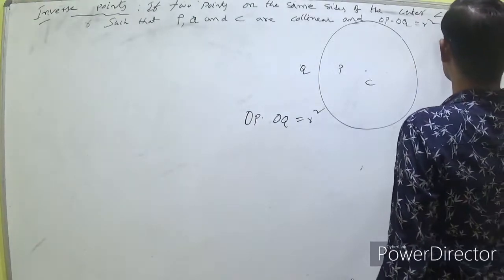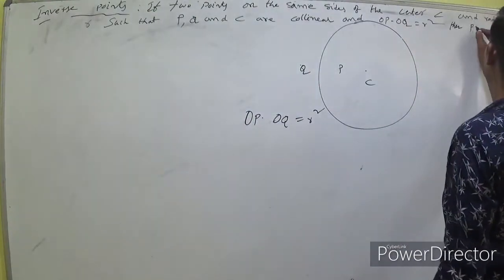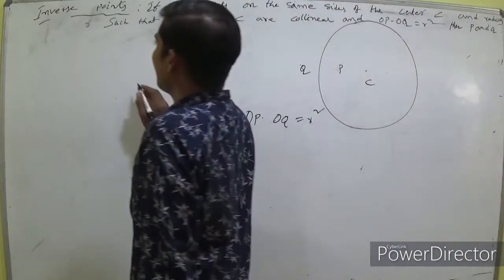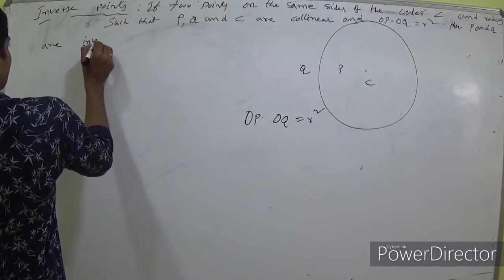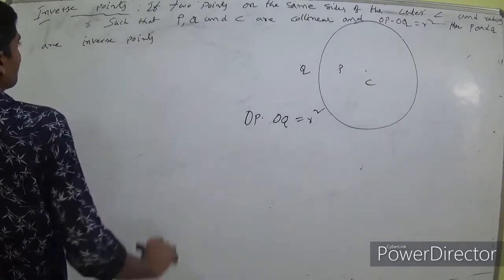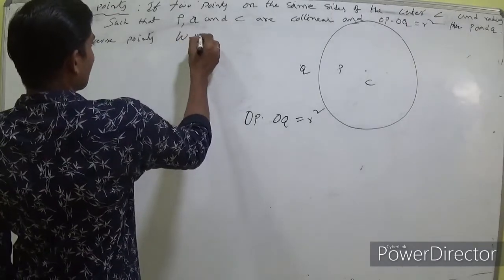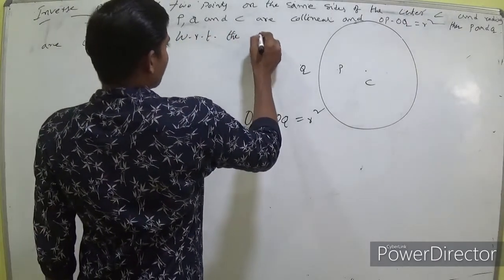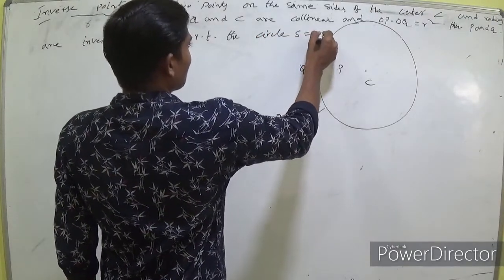Then P and Q are inverse points with respect to the circle S equal to 0.